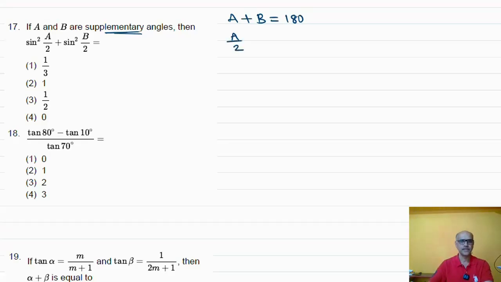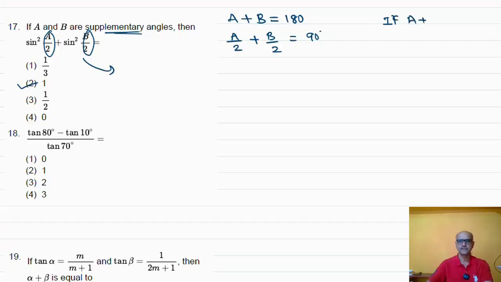Therefore a by 2 plus b by 2 is equal to 90 degrees. So this is the shortcut I had told in the last video. If you add these two angles and it is 90, then the value will be 1. That is the hint I had given.